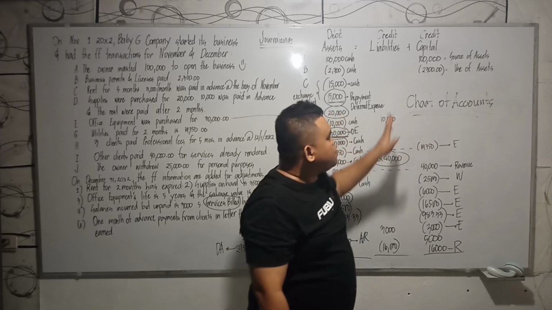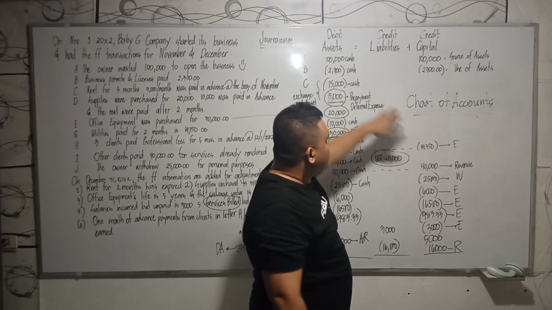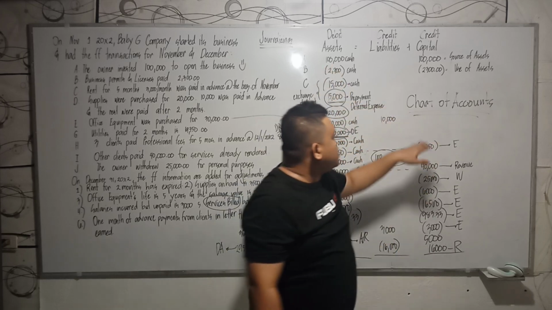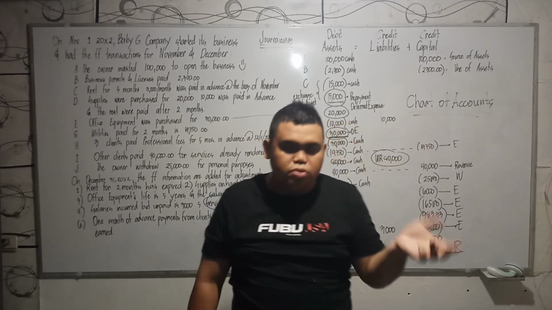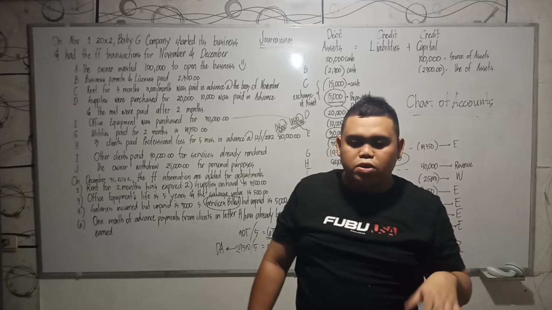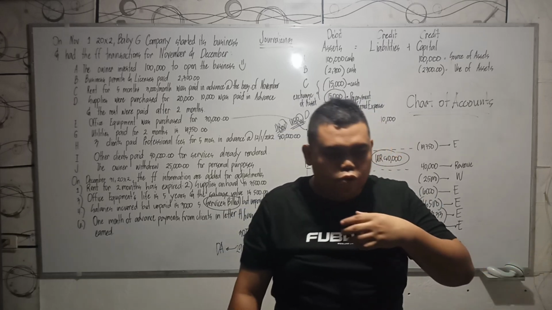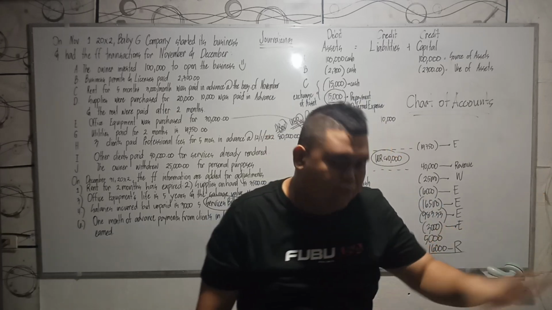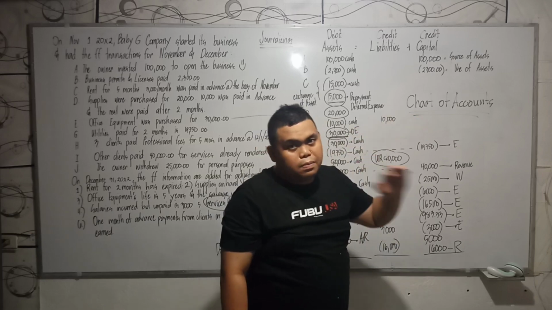So, meaning the chart of accounts starts with, for example, assets. It will start with cash, and then the accounts receivable, for those receivables from your customers that you have already done your part for. You have already given the services, you have already given the goods. So, accounts receivable.